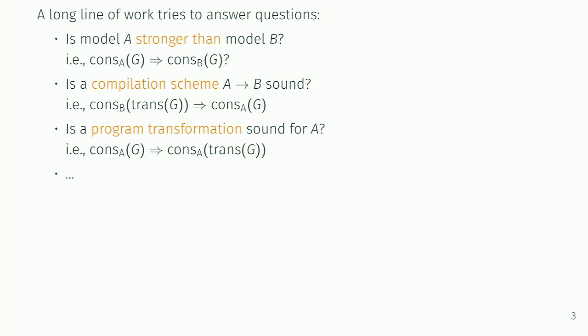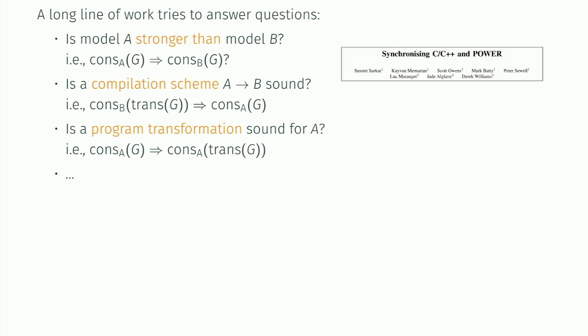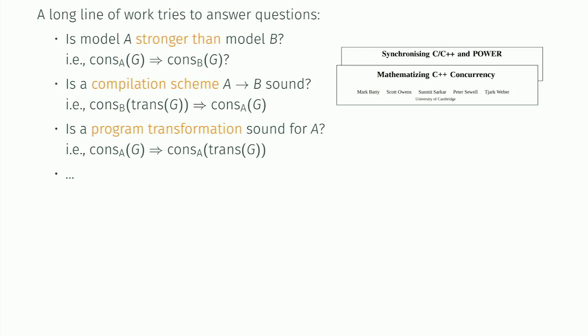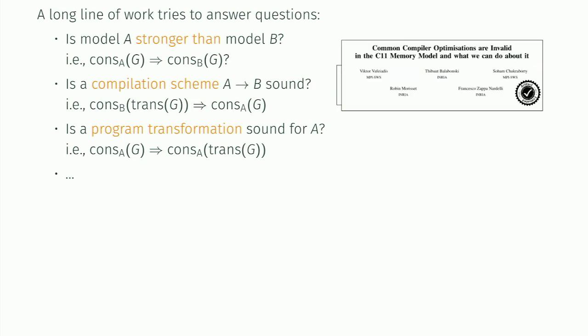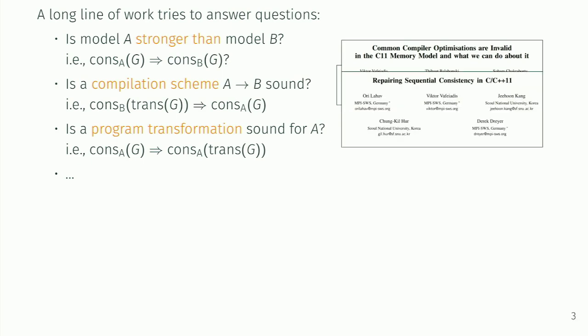And in fact, answering these questions hasn't been easy, in the sense that it has proven to be quite error-prone. Take C or C++, for instance: there has been a number of papers defining or refining the memory model, reasoning about why optimizations work or why they do not work, or why sequential consistency is broken, and so on. So these questions actually require quite a bit of work, and quite a bit of expert work, in fact.